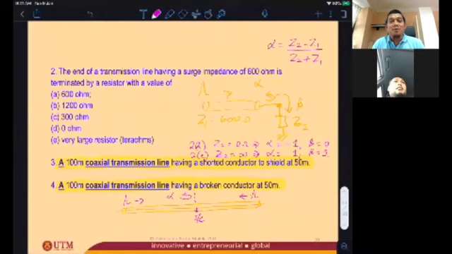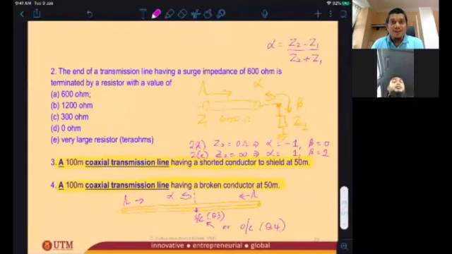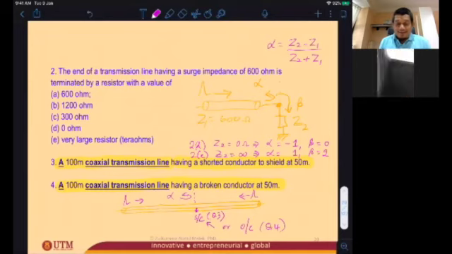Anyone here has a problem to answer number 3 and number 4 based on number 2D and E? What's the answer for number 3? Number 3, the answer is the same as 2D. Number 4, the answer is the same as 2E. But how to get the impedance for number 3?